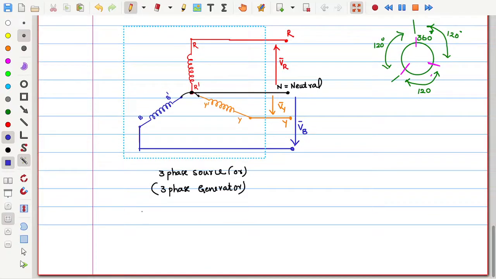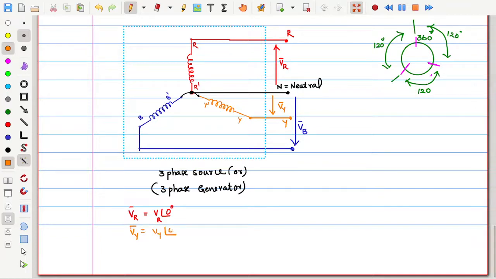Let me define it in this way, using the color coding: R phase voltage VR is equal to V at an angle 0, and Y phase voltage as VY.